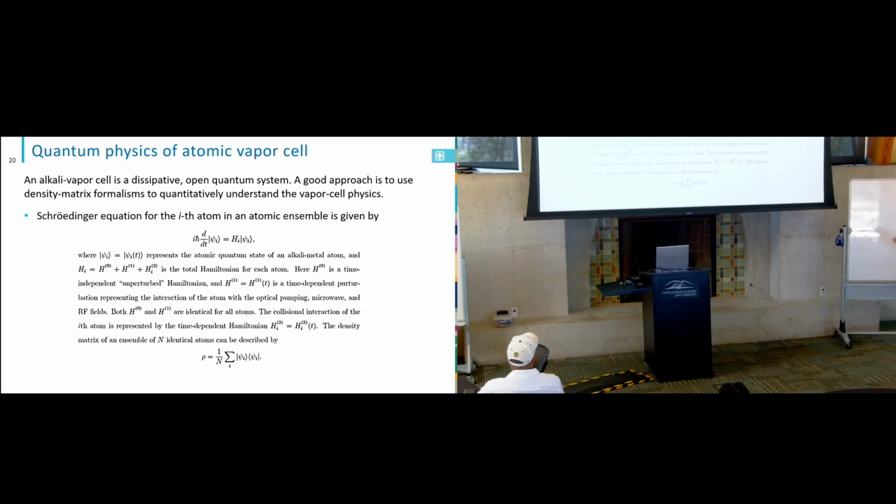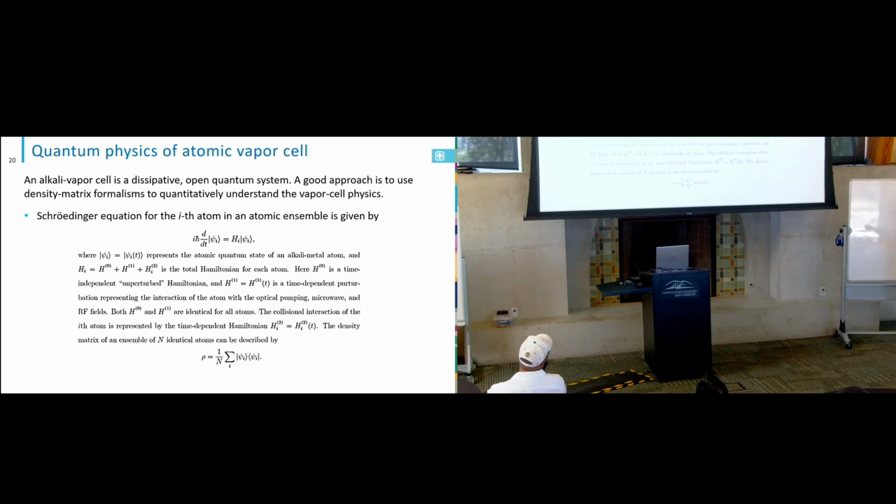You don't need to cool the atoms from hundreds of microkelvin down to nanokelvin, which is a pretty significant process for cold atom, ultra cold atom systems. With a vapor cell, we just put atoms inside a glass container and add buffer gas. But the physics is actually complex because of the existence of buffer gas.